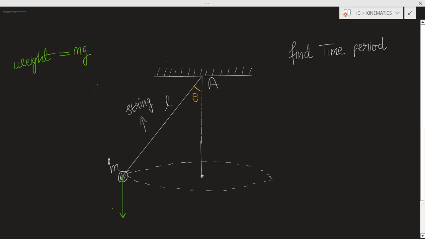On Earth the value of gravity will be one thing, and on some other planet like Mars, the value will be different. So gravity changes from planet to planet and position to position.